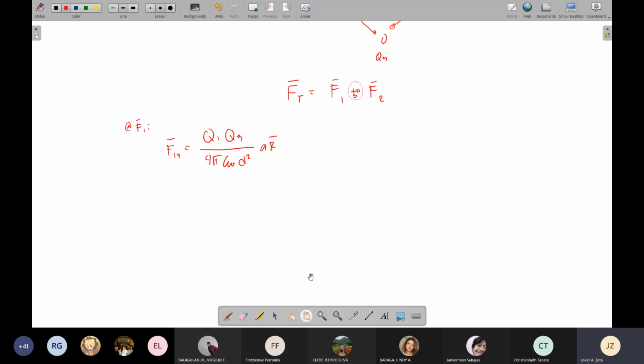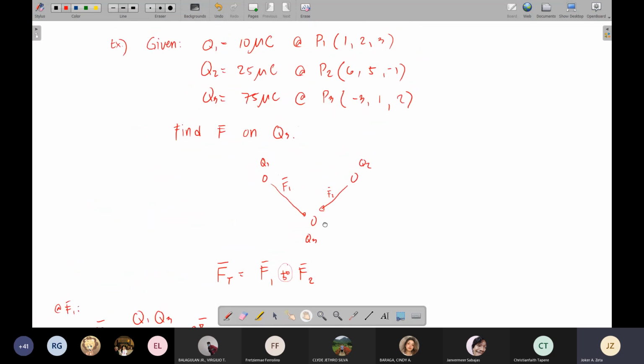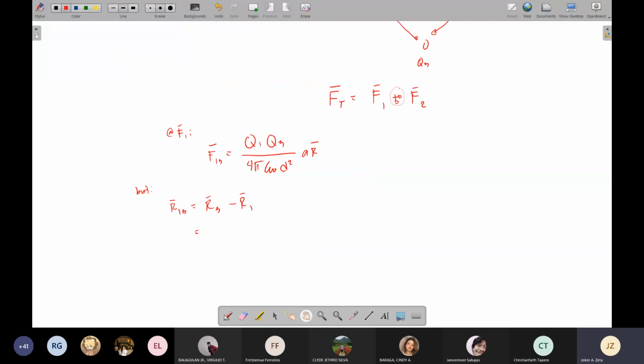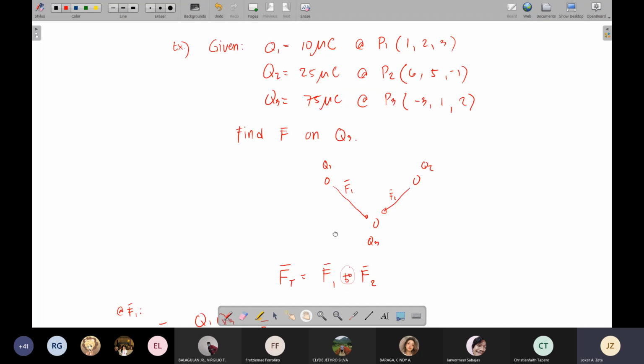Again, as usual, first thing we're going to do is solve for the vector distance. So, the vector distance from 1 to 3 is equal to the vector of 3 minus the vector of 1. Now, the vector of 3 is negative 3, 1, 2. So, you will have negative 3ax plus ay plus 2az, minus the vector of 1, which is 1, 2, 3.